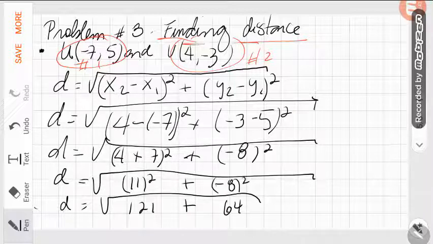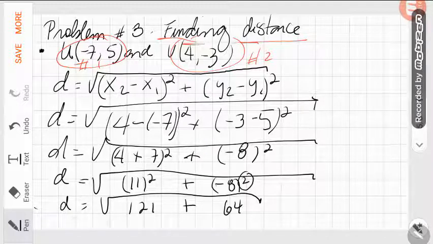Also, you have to be very careful: in class we explained the rule for signs, that whenever I am elevating a negative number to an even exponent, like 2 in this case, one negative is going to multiply the other negative, and negative times negative is positive, so they're going to cancel each other out. Remember that we explained that in class, okay? So now this 64 is going to be positive because of that.